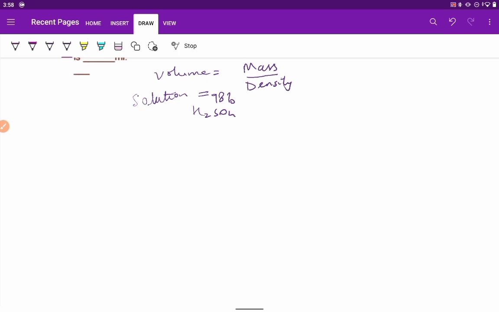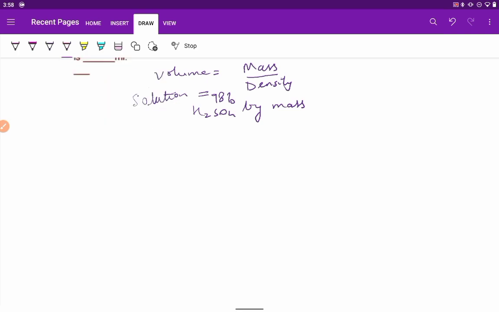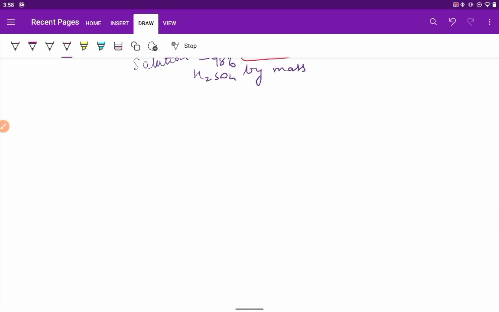Okay. So 100 gram of solution should have 98 grams of H2SO4.